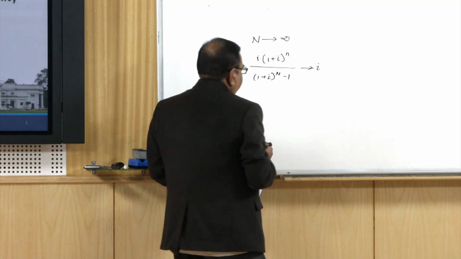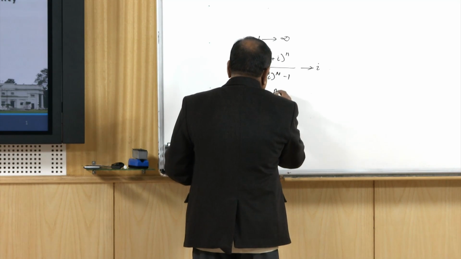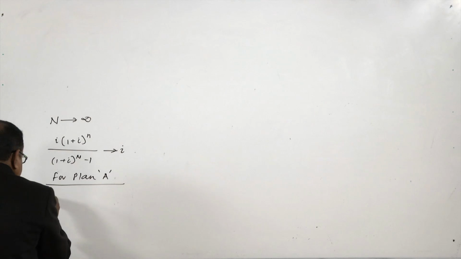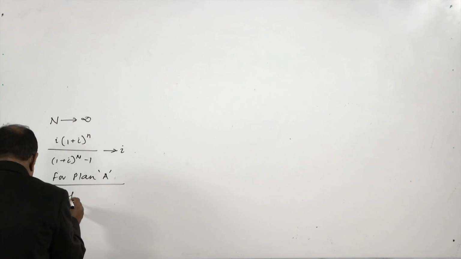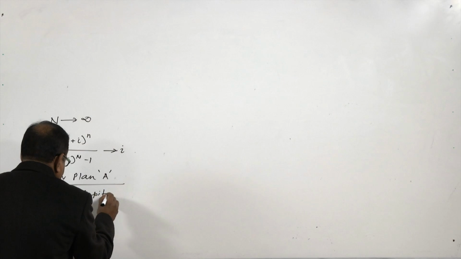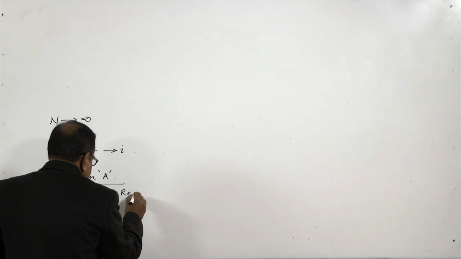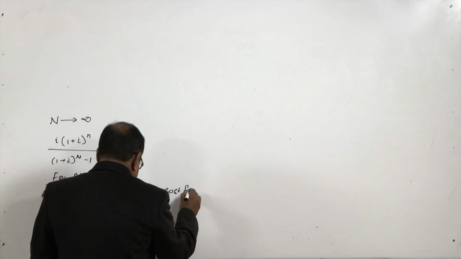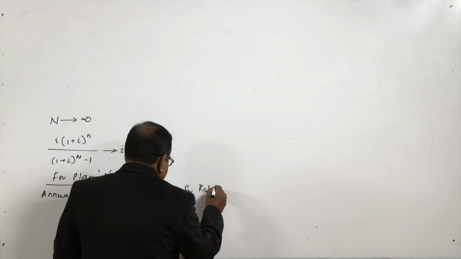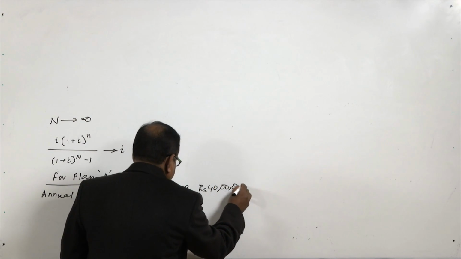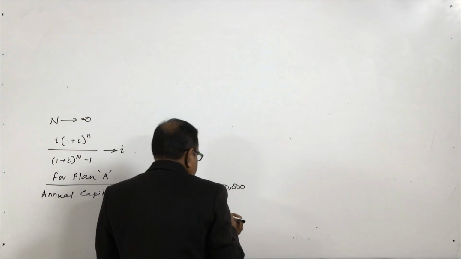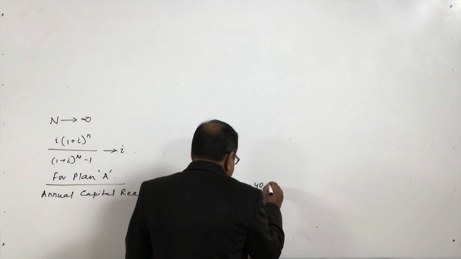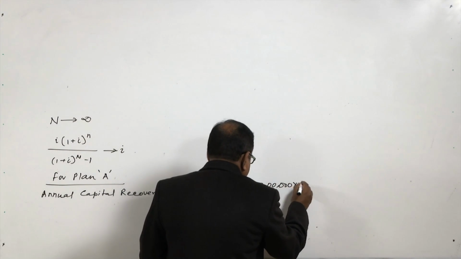So, for plan A, if we calculate the annual capital recovery cost for rupees 40 lakhs at 10% interest rate, it will be 40 lakhs into 0.1.